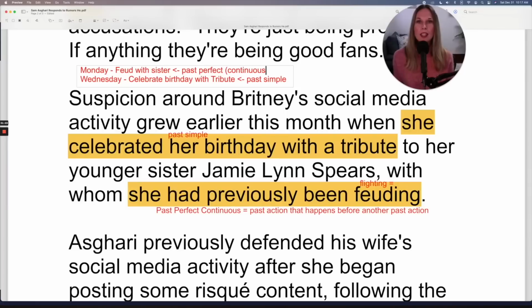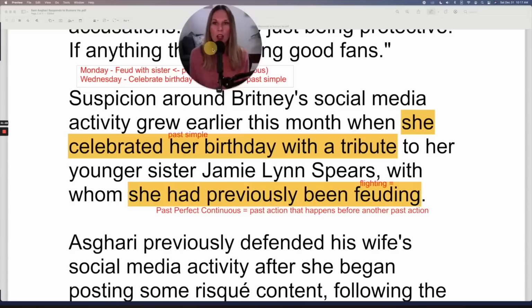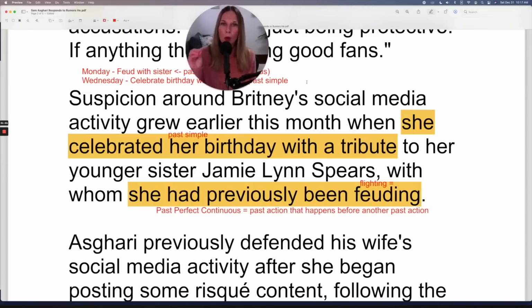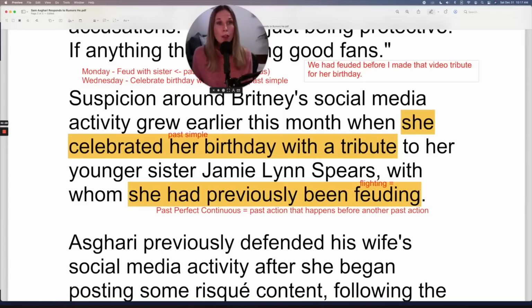The continuous can also be used. The continuous is used when you want to focus on the duration of the action. The past perfect is used when you just want to focus more on the action, the result of the action, not the actual duration of the action. So I could say, we had feuded before I made that video tribute for her birthday.